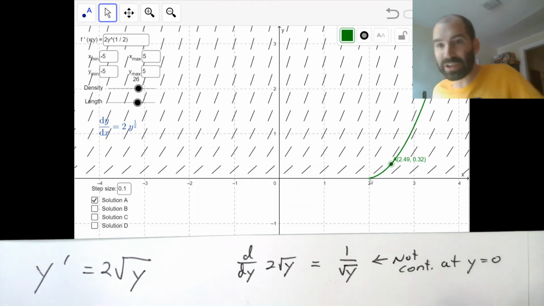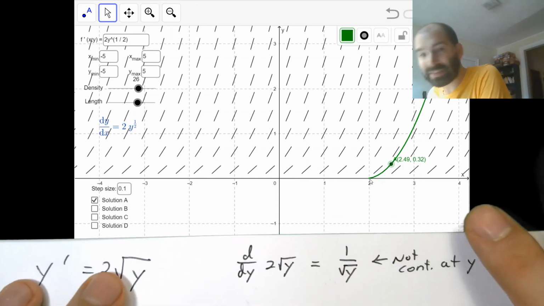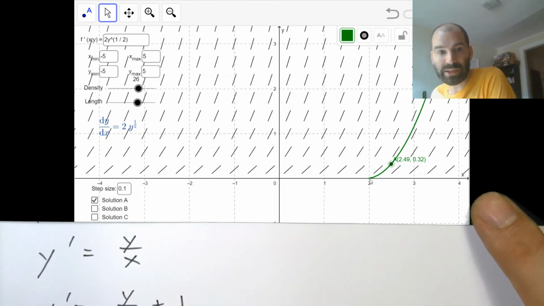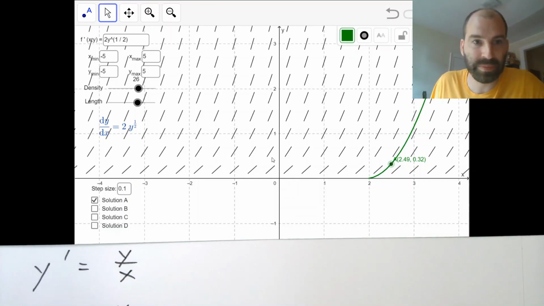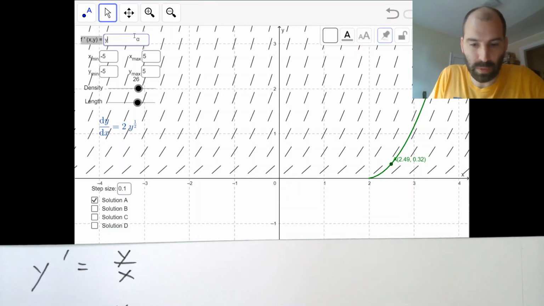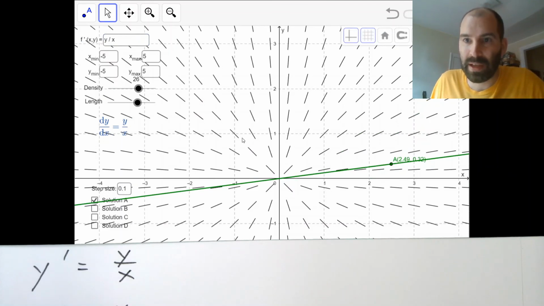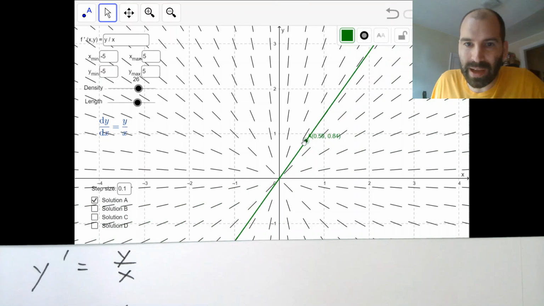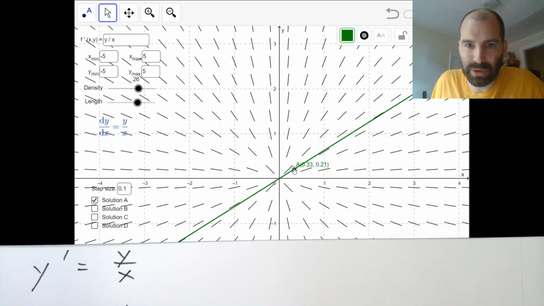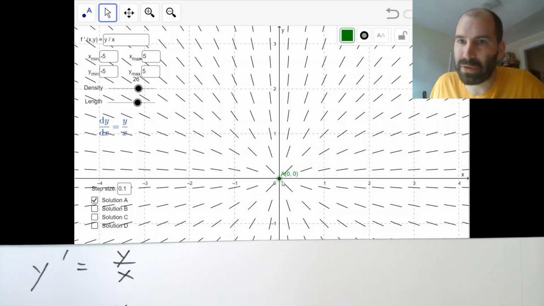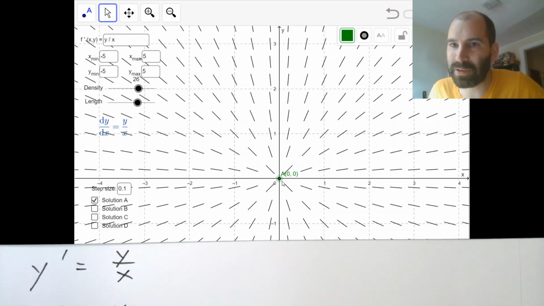Now, was that the only time we saw this? In fact, we saw this happening before. I just didn't highlight it. When we looked at this differential equation, y over x, we were actually seeing this before, because as long as x is not 0, I'm getting curves that go through pretty much any point. But what if I choose the point 0, 0? Is there only one curve that goes through this point?